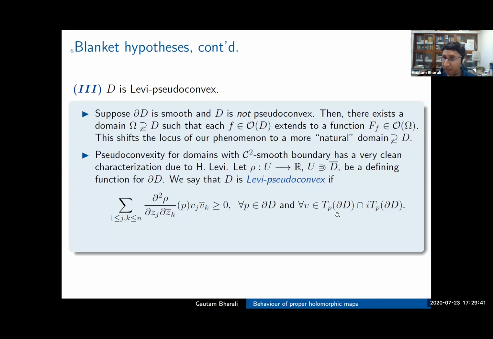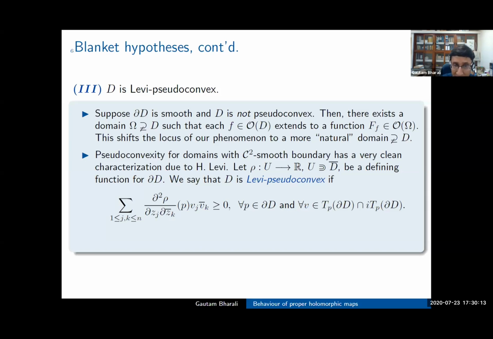So what I've done is I want this quadratic form to be non-negative on only those vectors that lie in this intersection. But see how this intersection is constructed. This is precisely the maximal complex subspace sitting inside the real tangent space at the boundary point P to the manifold boundary of D. Okay. All right, fine, great.